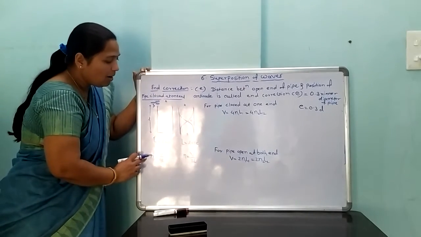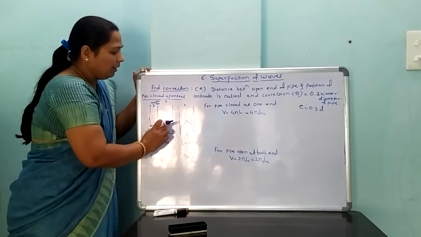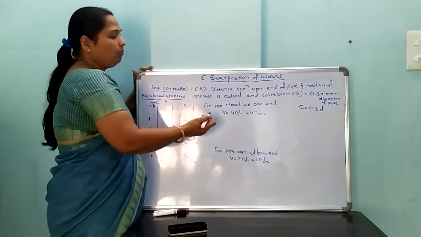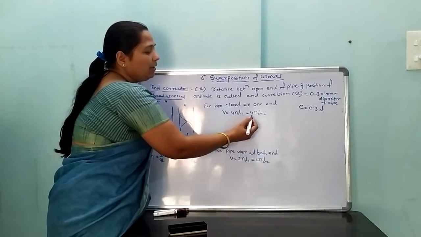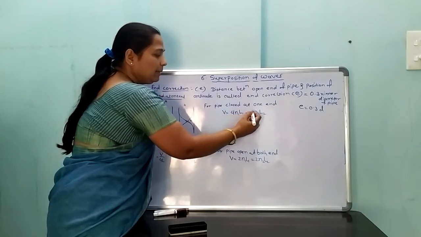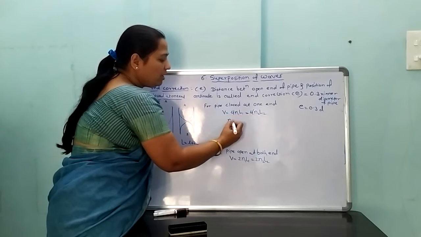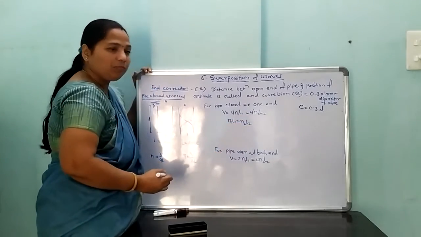Considering two pipes having lengths L1 and L2, V is equal to 4N1L1 is equal to 4N2L2. The 4 gets cancelled. Therefore, N1L1 is equal to N2L2.